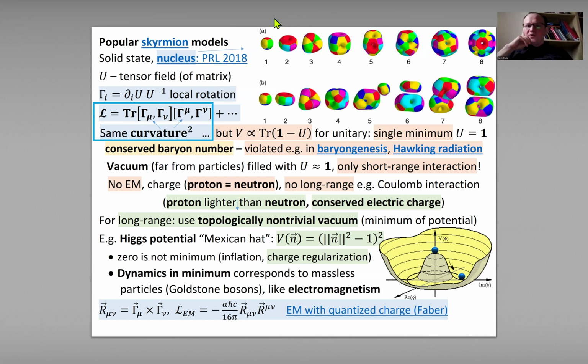If I interpret it as baryon number, then this number cannot be violated. However, there are at least two processes which are believed to violate baryon number conservation. One is baryogenesis, that more baryons than antibaryons were created after the Big Bang. Second is Hawking radiation: we can take baryons, build a black hole, and it will evaporate, radiating massless radiation, so no baryons. So there are many problems.